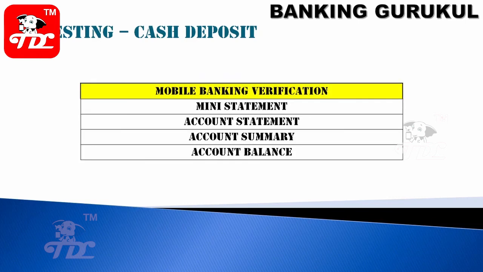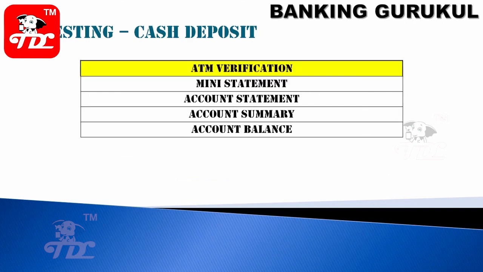You can verify in mobile banking: generate a mini statement, account statement, account summary, account balance, and verify whether the cash deposit transaction has affected them. You can go to an ATM and generate a mini statement, account summary, account balance, and verify whether the transaction is appearing in your mini statement and account statement.